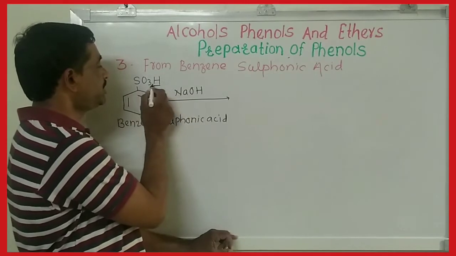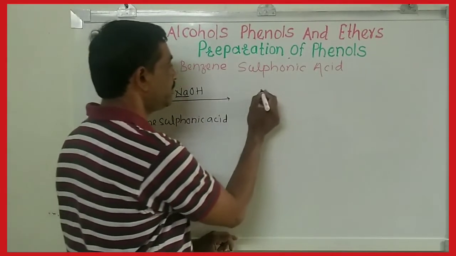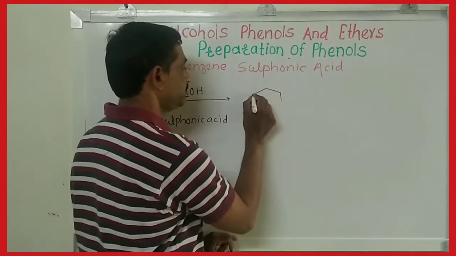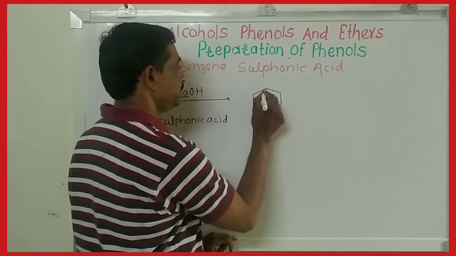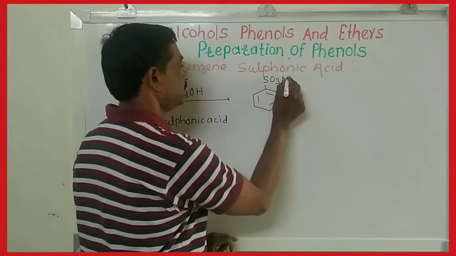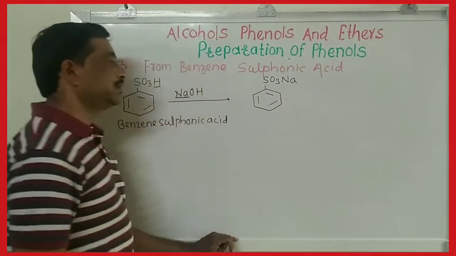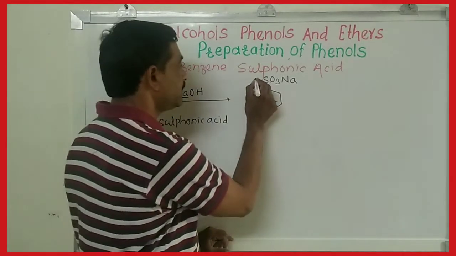In this reaction, the hydrogen atom of benzene sulfonic acid is replaced by the sodium atom from NaOH. Neutralization takes place and we get the intermediate compound, sodium benzene sulfonate.